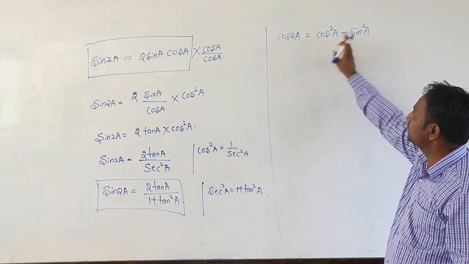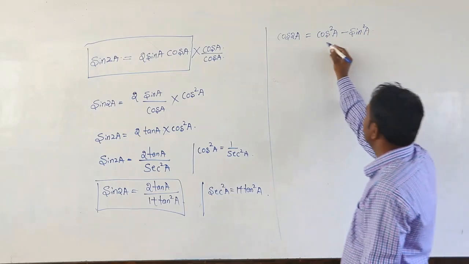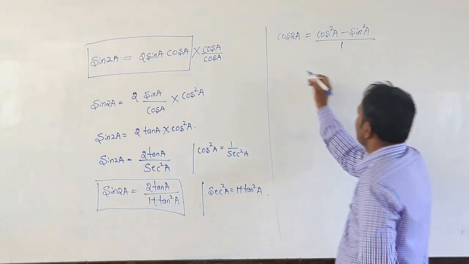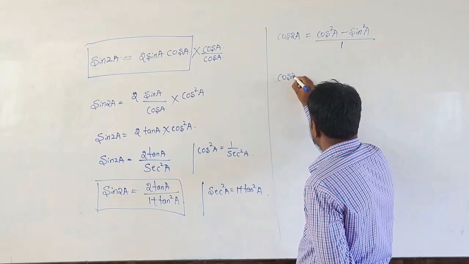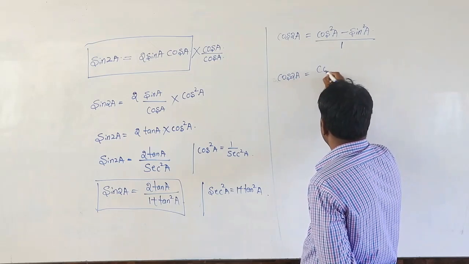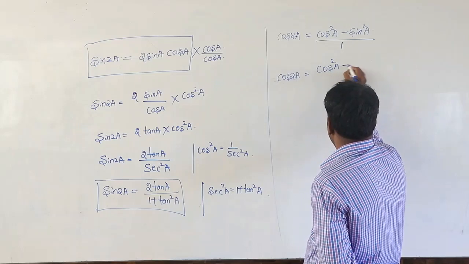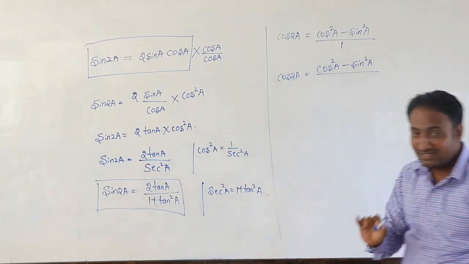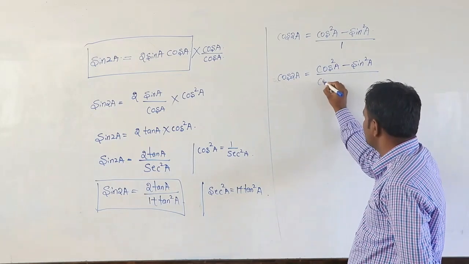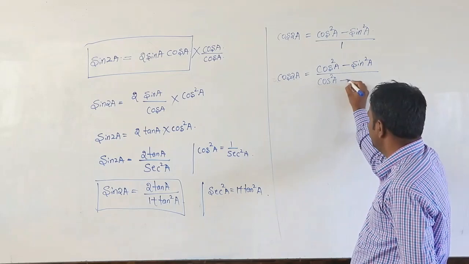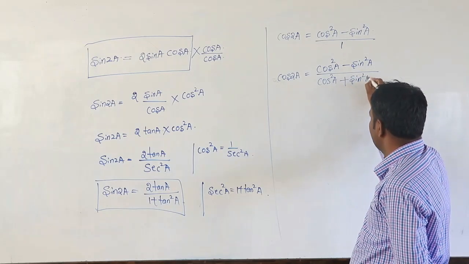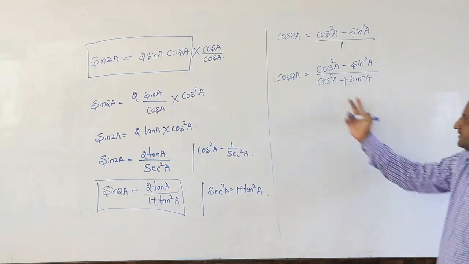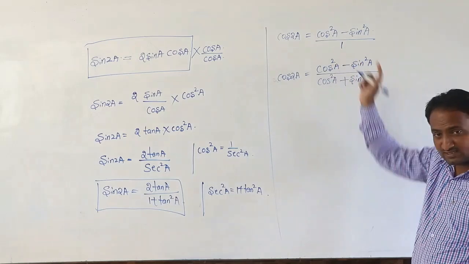Now, alternately, divide this by 1, there is no change. Here cos of 2a is equal to cos square a minus sin square a divided by 1, and 1 can be represented as cos square a plus sin square a, because of the first identity, sin square theta plus cos square theta is equal to 1.